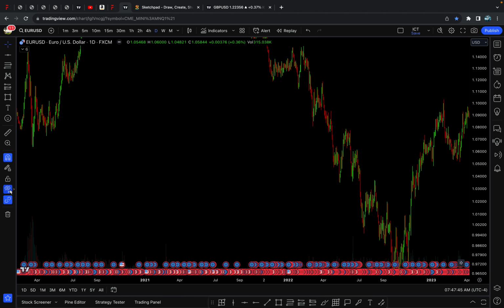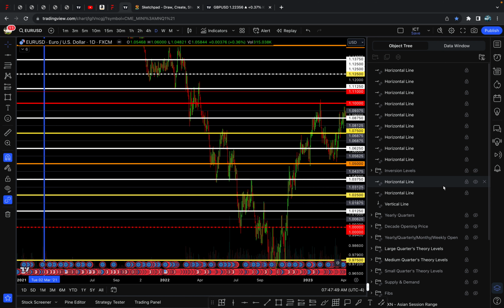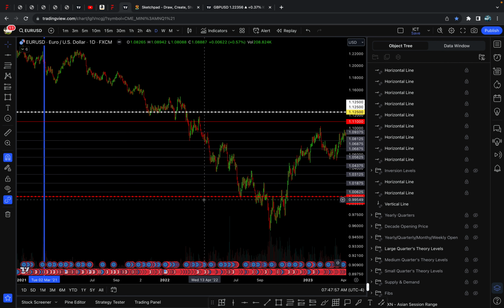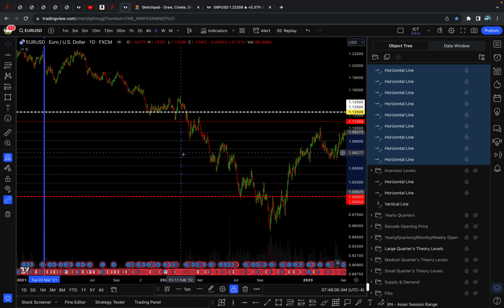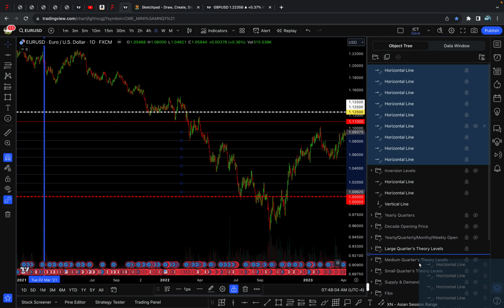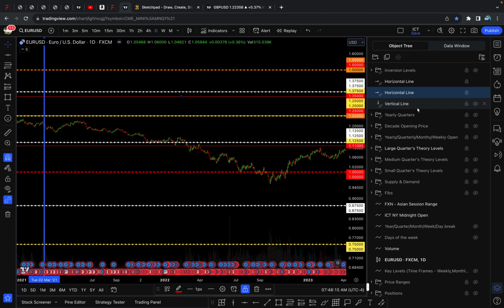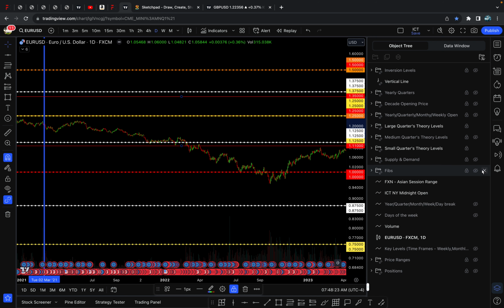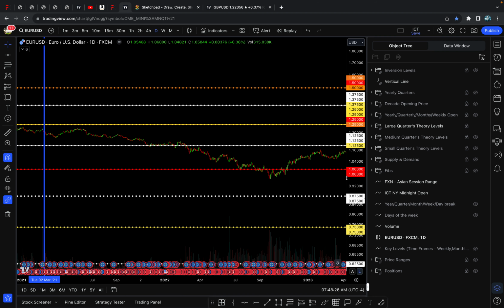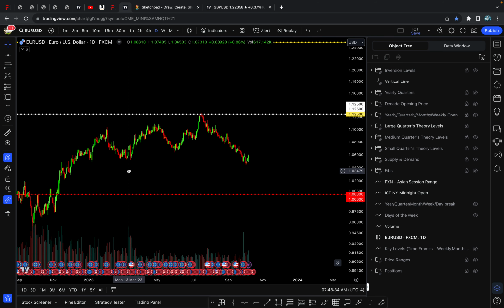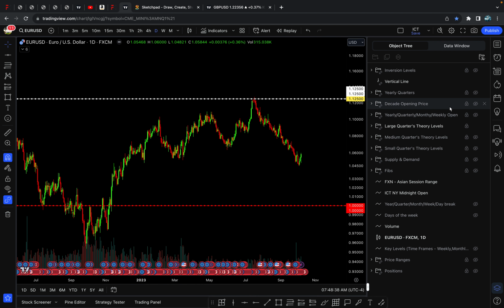Say you wanted to take these off of here, and you just wanted to have these large quarters theory levels on there, and then you wanted to go in there and find your monthly highs and lows.